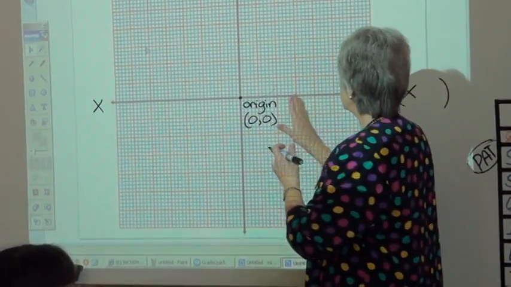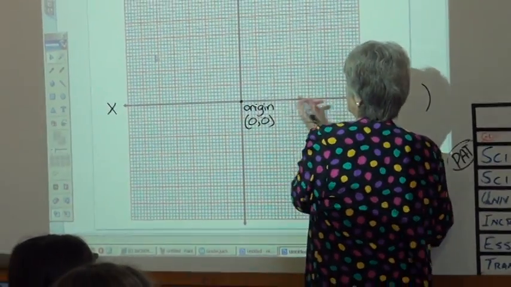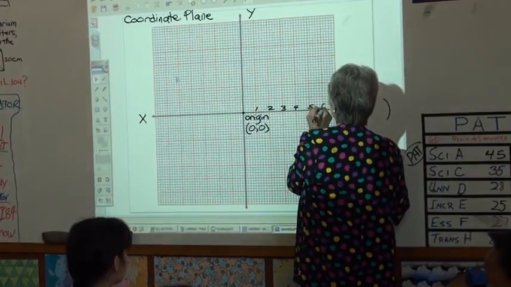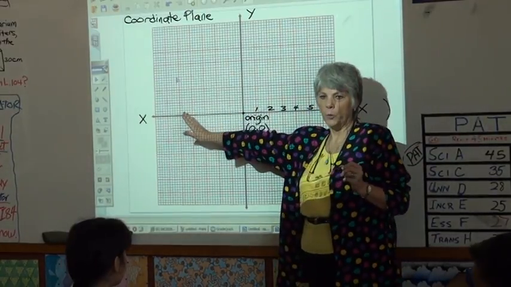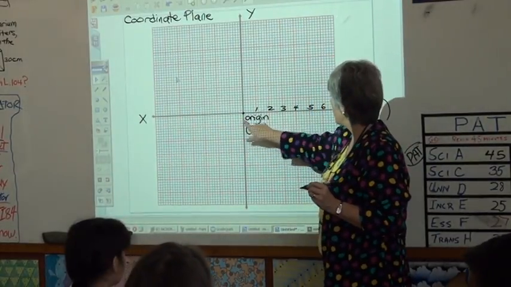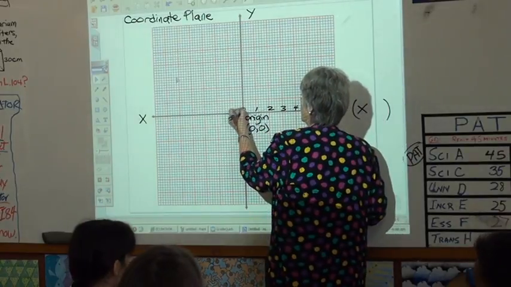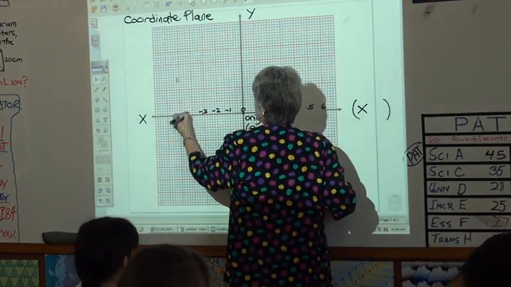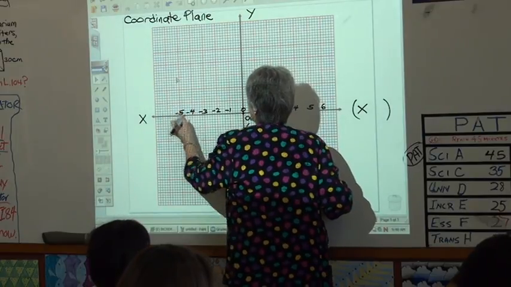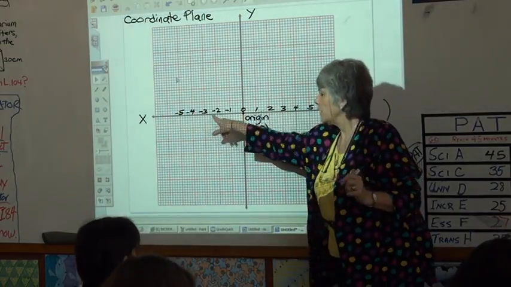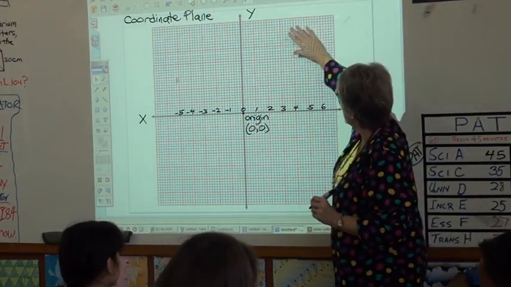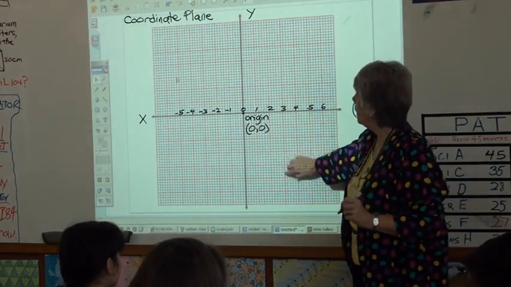So what that means is our positive numbers are going this way, and our negative numbers are less than 0. Remember, this point right here is 0, and then we're going to have -1, -2, and so on. So this is the same number line we were working with last week, only now it's got a grid on it.